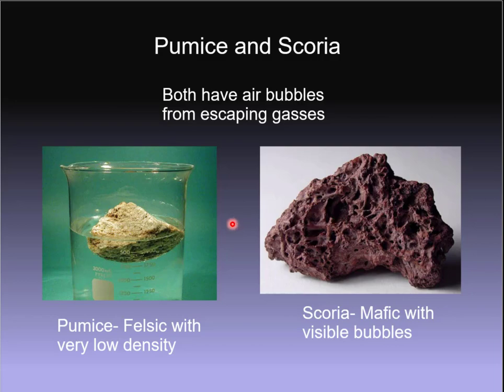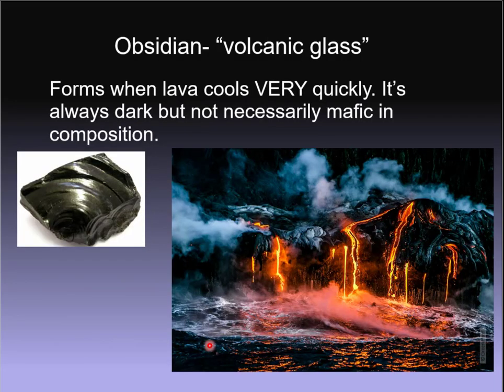And then, both these have air bubbles. The pumice does too. They're just very, very small. And scoria, they're big enough to see. Many of you have heard of obsidian or volcanic glass. This is what happens when the rock cools very quickly, right? Like in minutes, right? Making this rock requires that the lava flow into the ocean or into a snowbank or something like that, right?